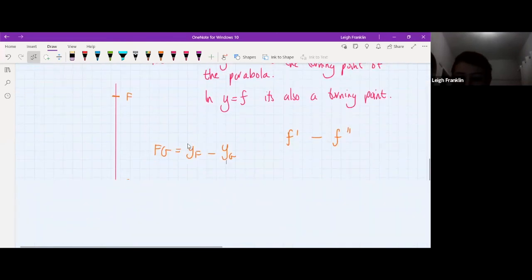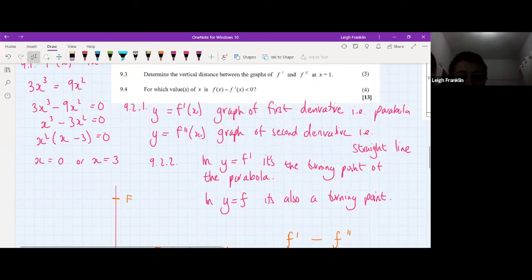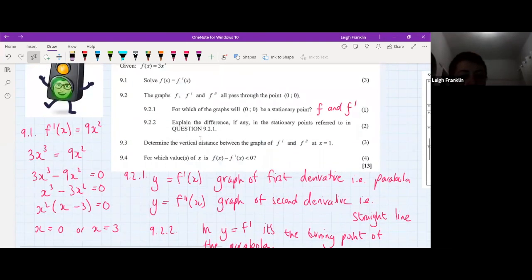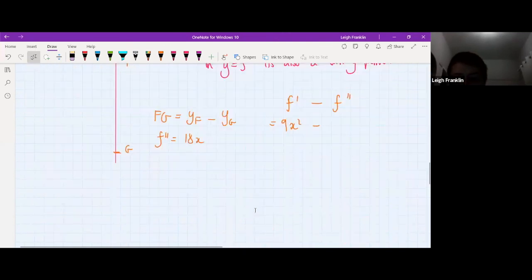We need to work out what f double prime is. So we derive the second derivative, and that's going to be 18x. Is everybody following that? Deriving the first derivative gives us 18x. Yeah, top minus bottom, quite right. So this is going to be 18x, and then we need to sub in the 1.